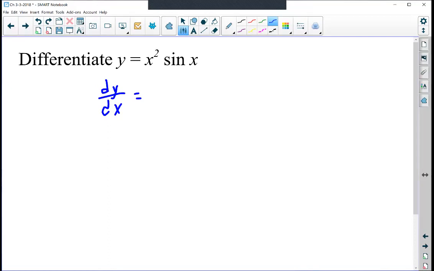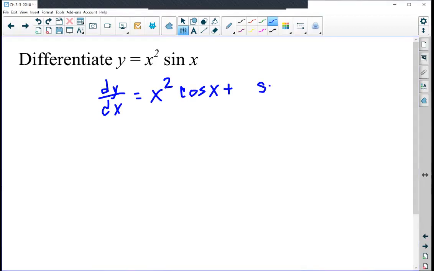Product rule, excellent. So product rule: take that first function, I always leave that one alone, times the derivative of the second function. The derivative of sine of x? Cosine of x. Plus, take the second function times the derivative of the first, the derivative of x squared.